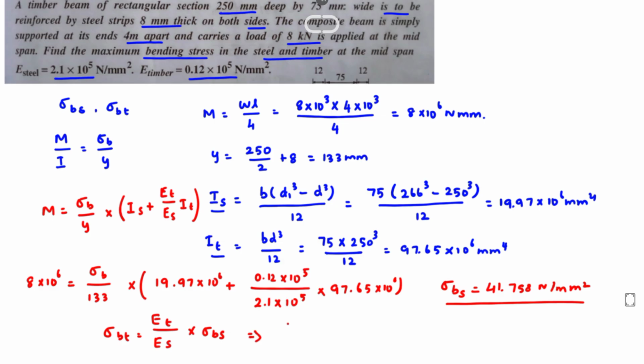So here 0.12 into 10 power 5 divided by 2.1 into 10 power 5, into sigma bs, which is 41.758 Newton per mm square. Solving this, we get the value of 2.386 Newton per mm square. So this is the bending stress for the timber.